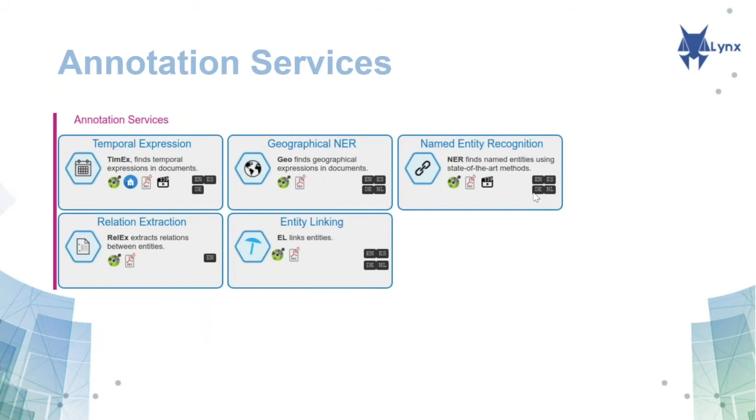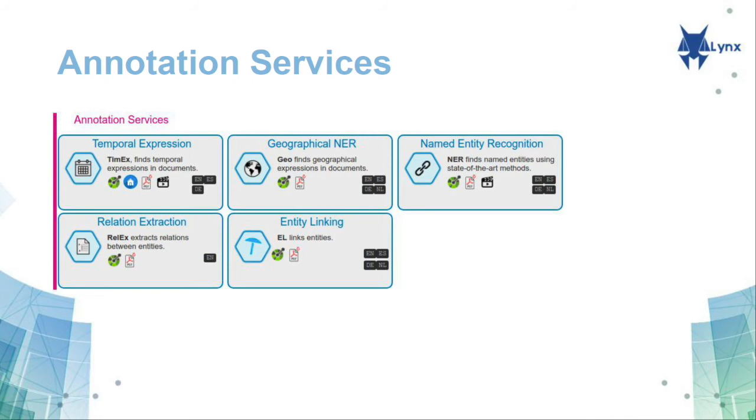Annotation services. As already mentioned earlier by Victor, we have this wonderful Lynx document format, and you will fall in love with it, in particular with its JSON version. What the Lynx document format and the underlying NLP Interchange Format are good for is producing annotations inside the text.